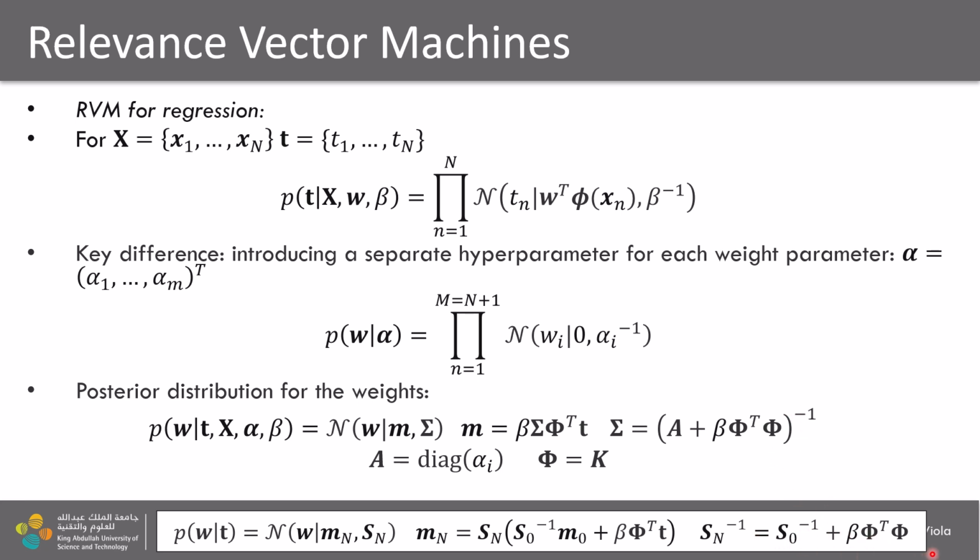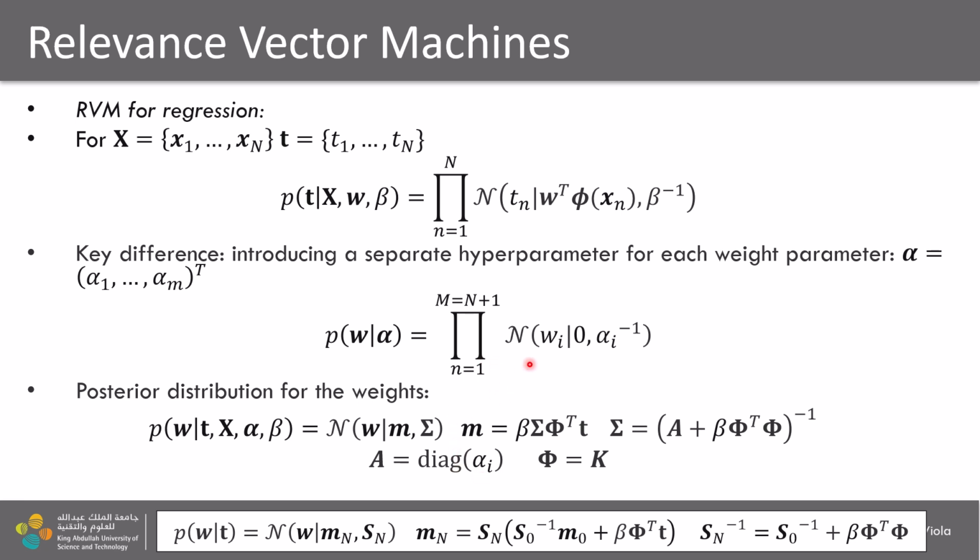We can see that the second term is identical, coming from beta, which is the precision of the likelihood function probability distribution. In S0 inverse, the precision matrix of the prior, is defined as the matrix A in our case, a diagonal matrix with entries alpha i, which are the precisions of each single variate normal distribution.